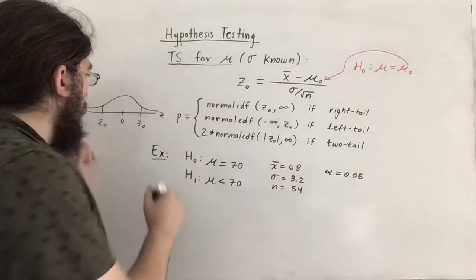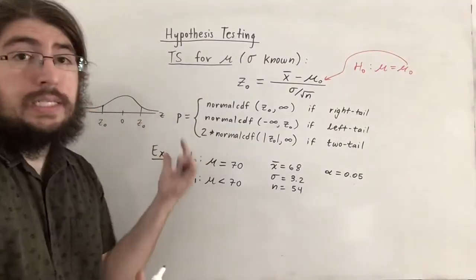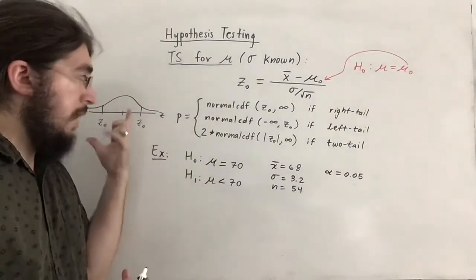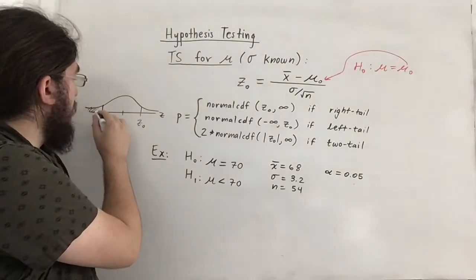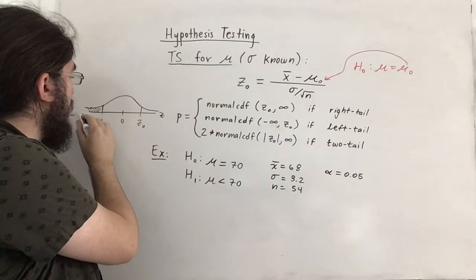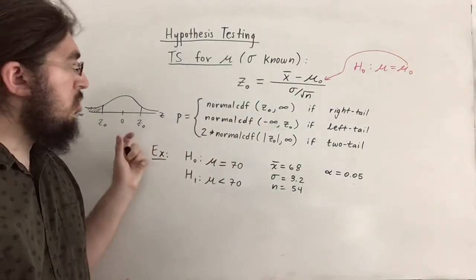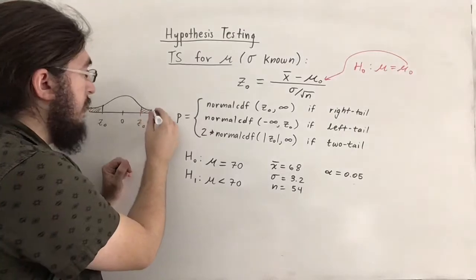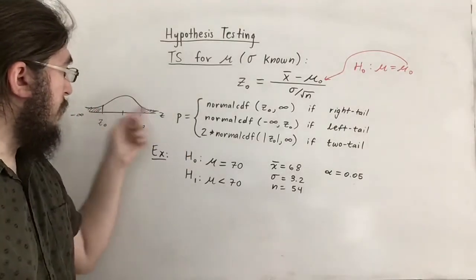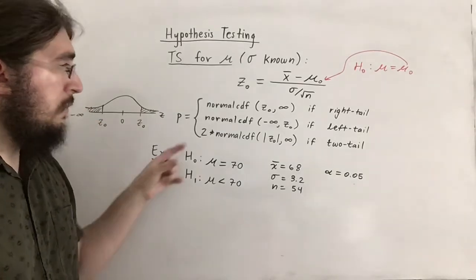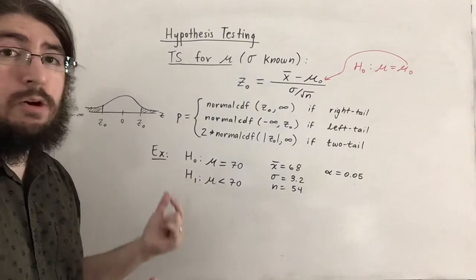The tail region is what we want to find. So P is basically going to be our tail end region, our area. If it's over here, then we want to go from negative infinity to z naught. But for a two-tailed test, we need both of them. So we can take both of these areas, going from negative infinity to z naught, and then from z naught to infinity, and adding those results.